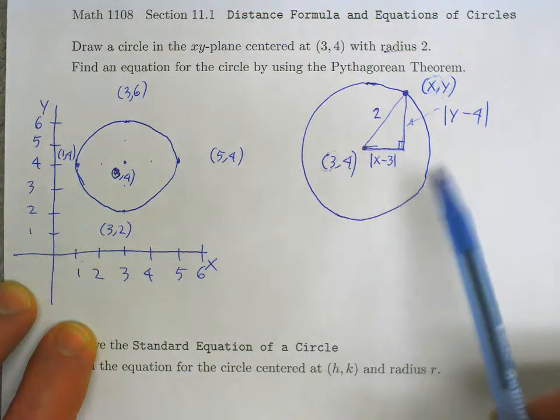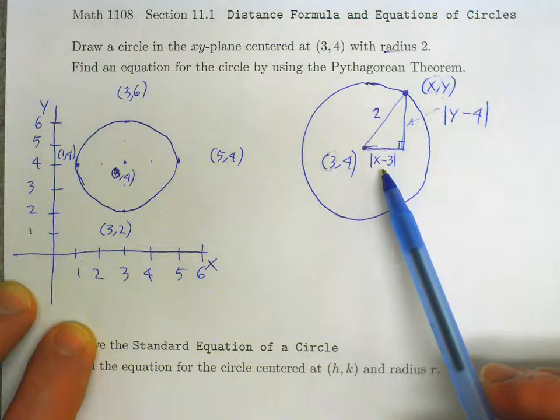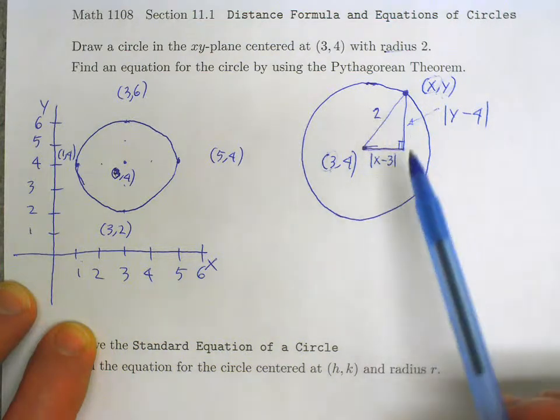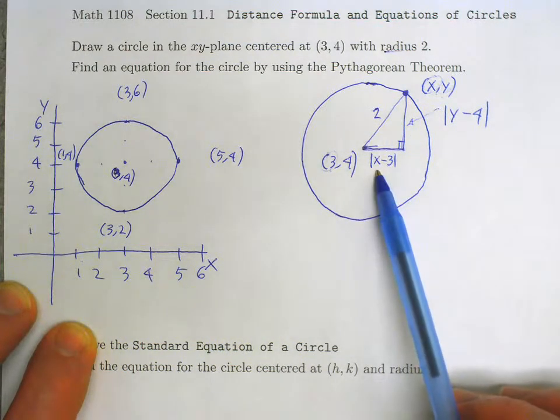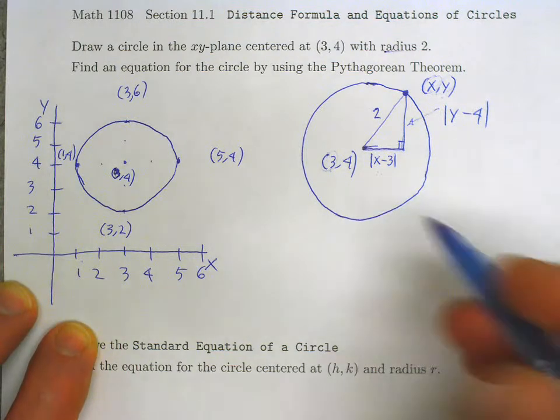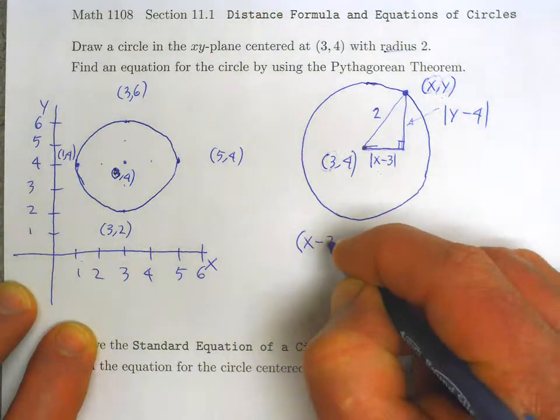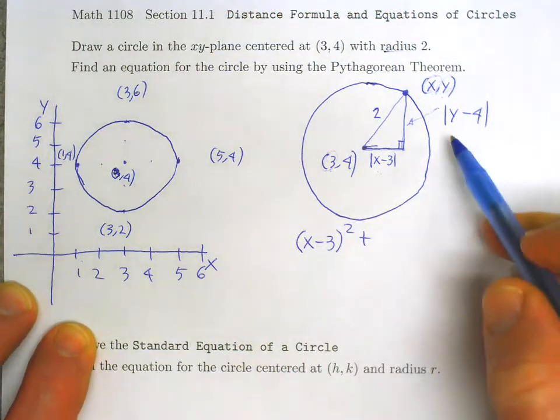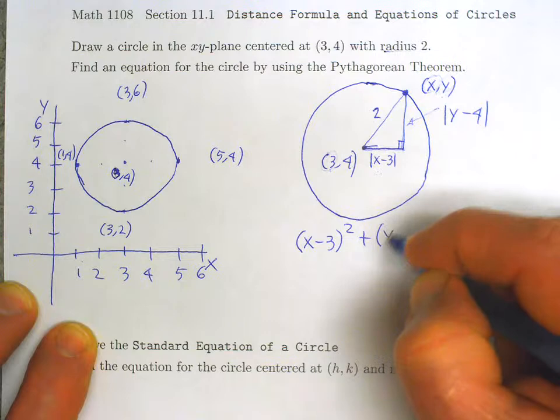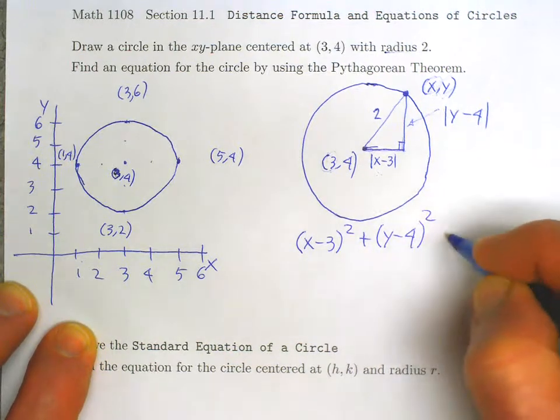Okay, then we're going to apply the Pythagorean theorem to this right triangle. But this time I'm going to put the quantity x minus 3 squared plus the quantity y minus 4 squared on the left-hand side.